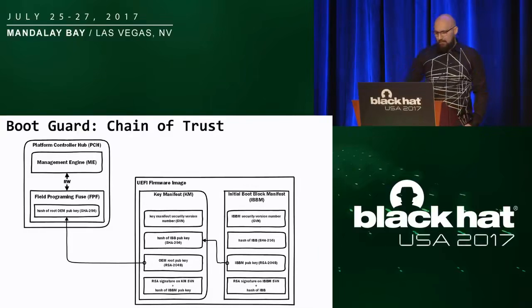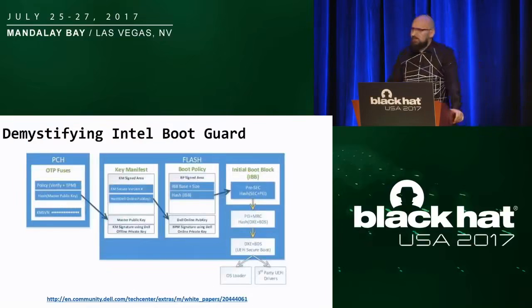These arrows show how the root of trust is locked into the hardware, and we will discuss all of them a little further. This part is locked by hardware, and this part is locked by firmware. And interestingly, Dell last week dropped some details about their implementation of Intel Boot Guard, and it's almost the same thing we covered.